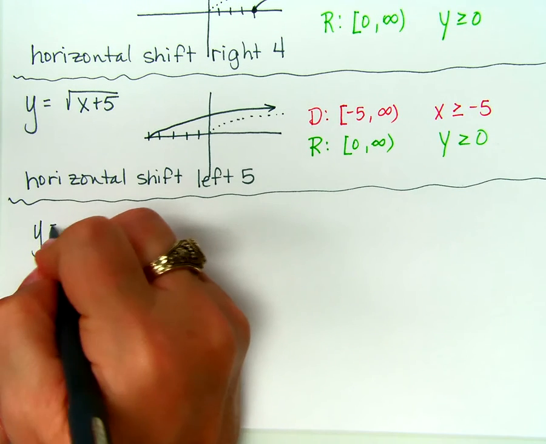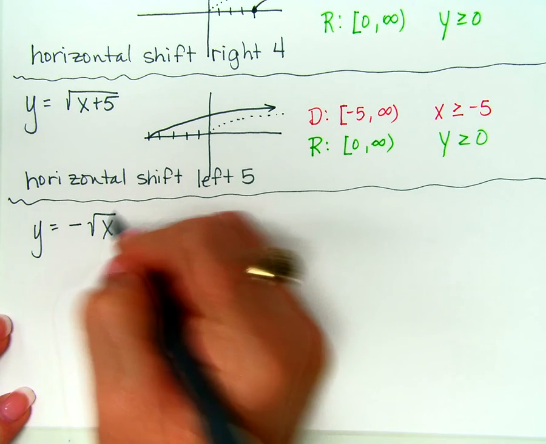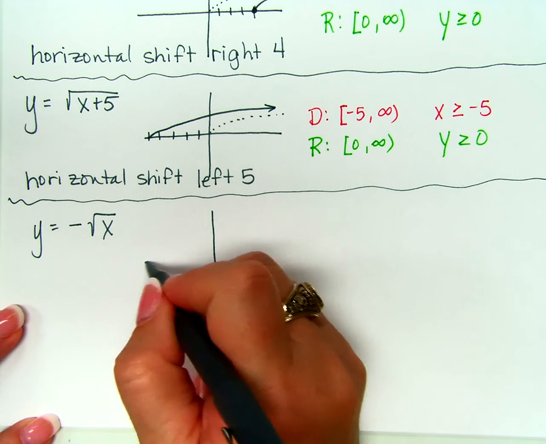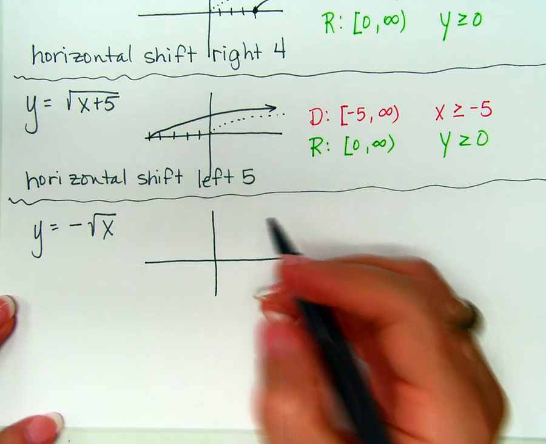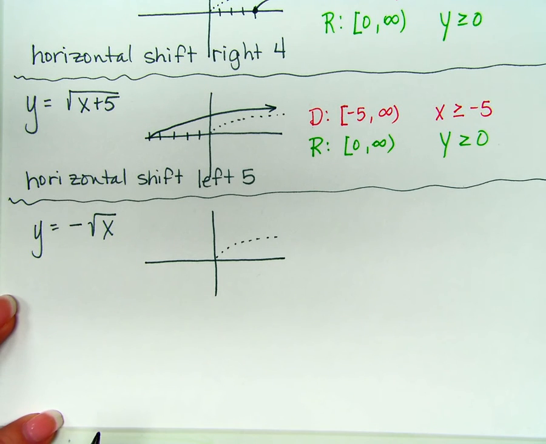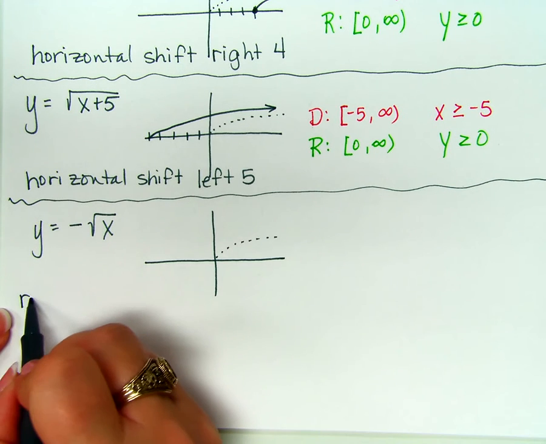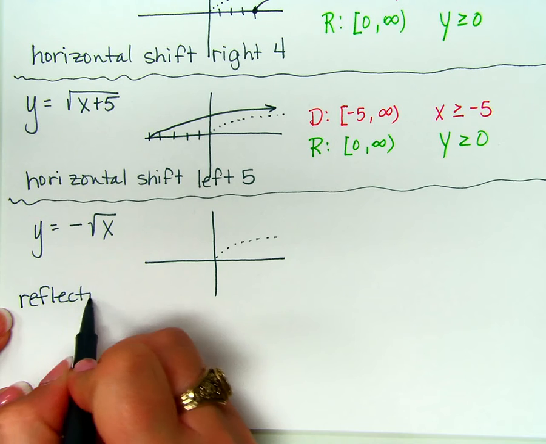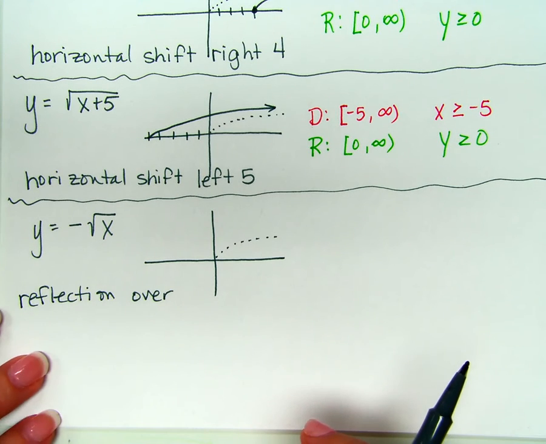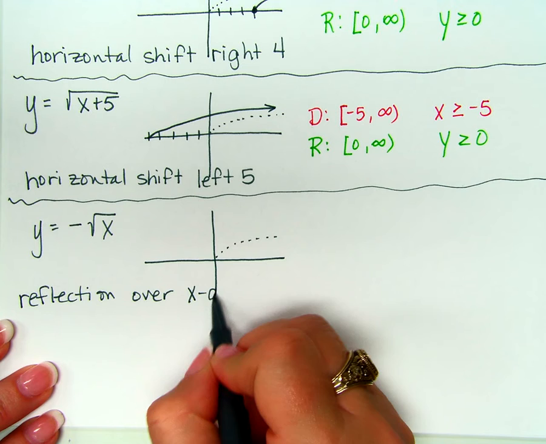What about this? So if this is the parent, where's it going? Reflection over what? X-axis.